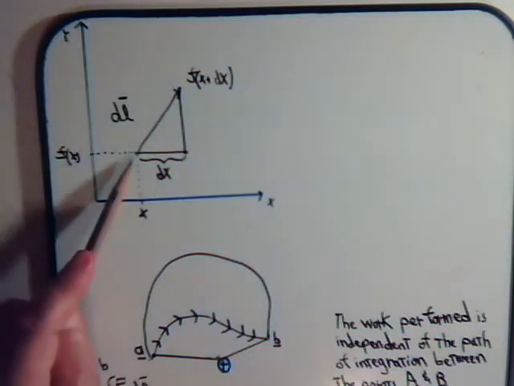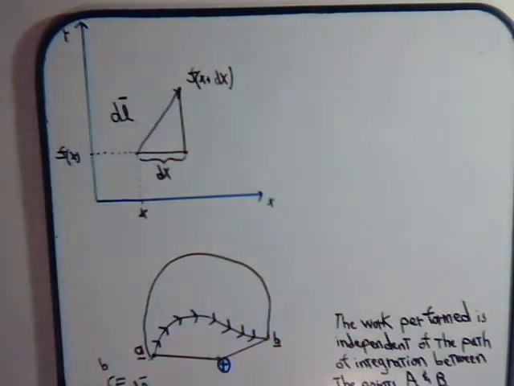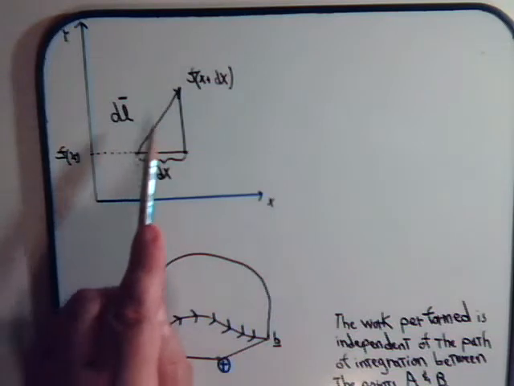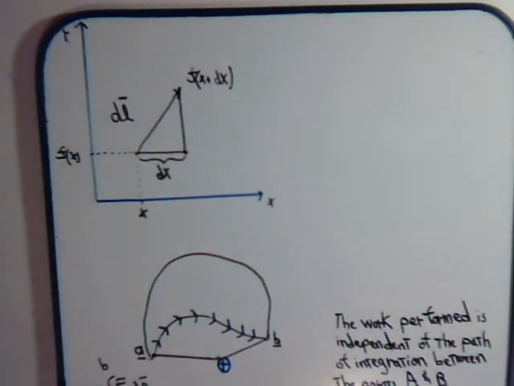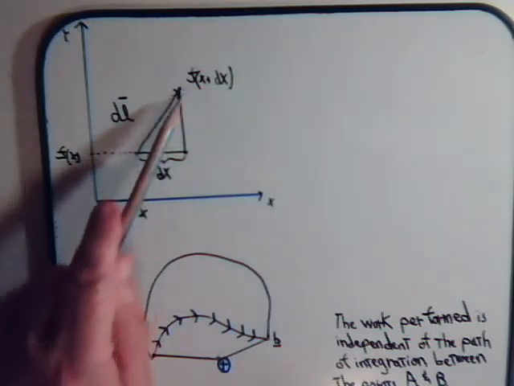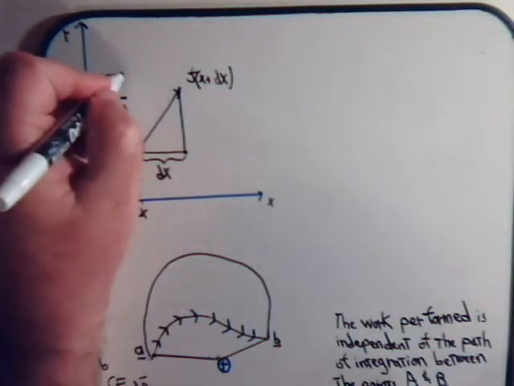So we went from this point f of x to this point f of x plus dx. A straight line connects those 2 points, and we want to ask, well, how much does f change over this distance dl? What is df over that distance?